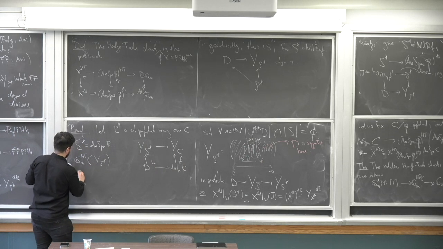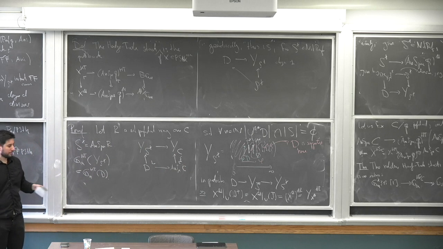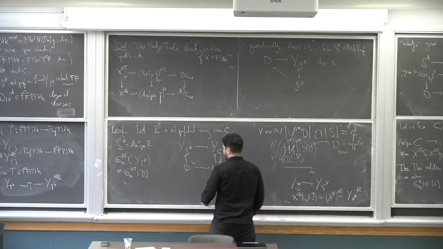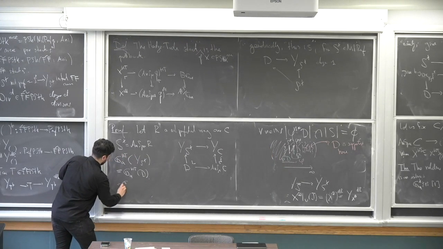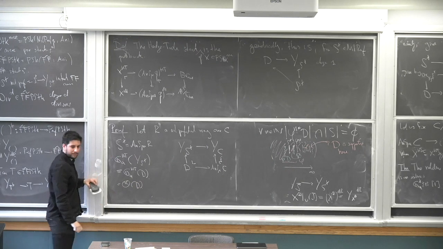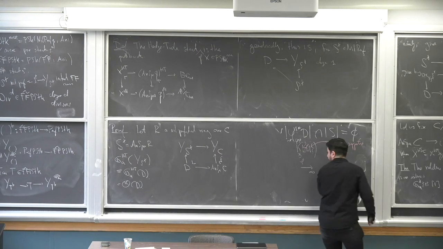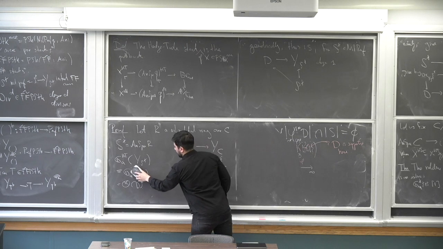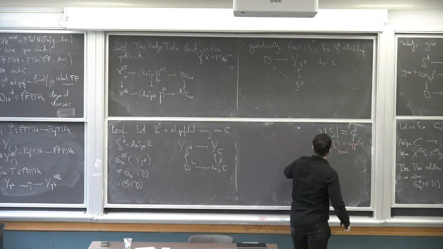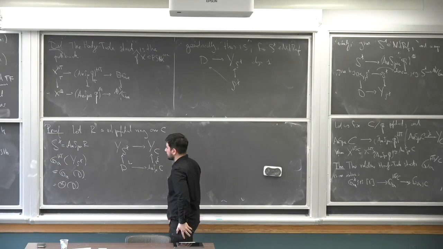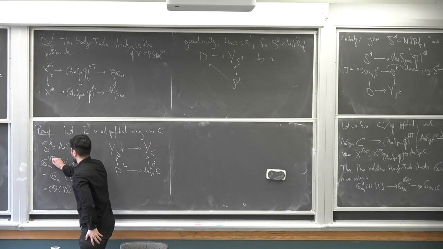This one is whatever the GA Hodge state stack of this guy. So again, this is just the same as the global sections of... Wait, sorry, GAHT relative to C, right? Relative procedures.